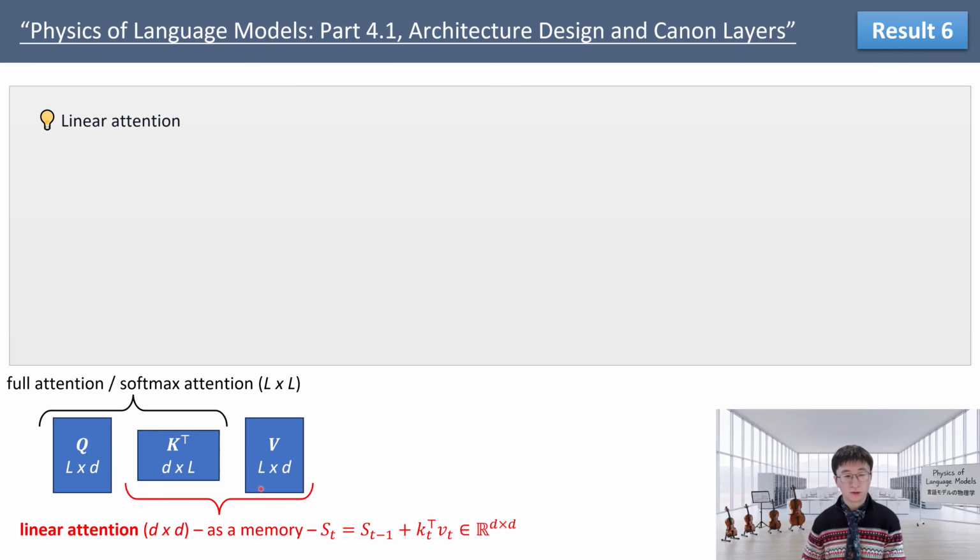In linear attention, you do this oppositely. That is, you merge the key and the value matrices. You multiply them together and forming a much smaller matrix of only dimension d by d. So this serves as a memory to the extent that in the new time horizon t, whenever you see new vectors, the key vector and the value vector, you just add on top of your memory this rank 1 update, key transpose v.